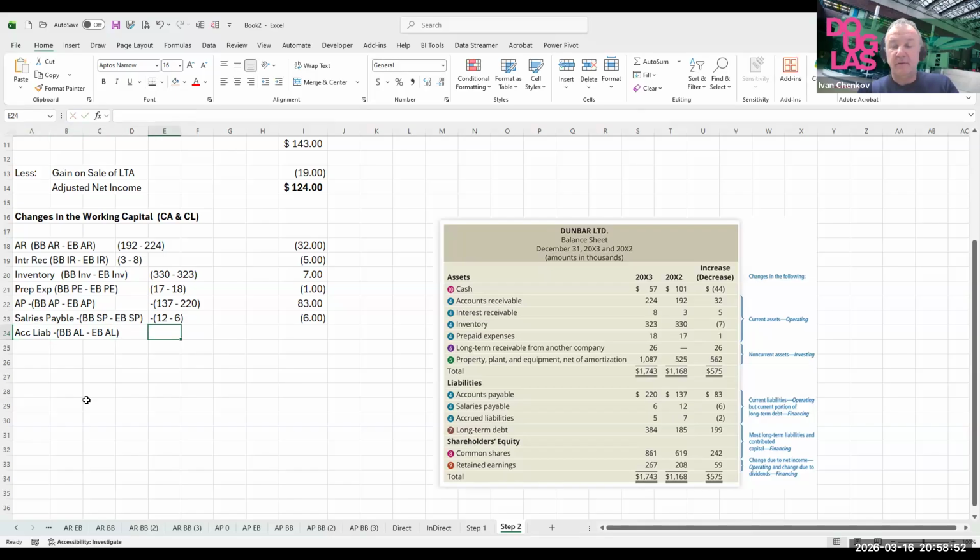And again, we're going to have here negative in the bracket 7 minus 5. And that's going to give us negative 2. What does that mean? We paid $2 on that accrued liability to reduce the balance from 7 down to 5. Correct?